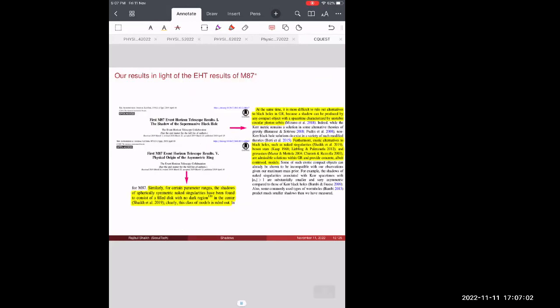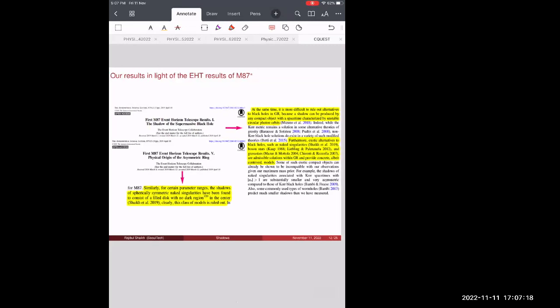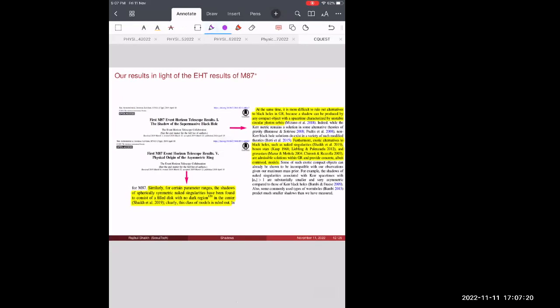So let us now see what the EHT group has to say about our results. In two of the M87 papers, they have cited our works. In the fifth paper, they cited our work and said that a naked singularity which does not have any photon sphere casts a full moon image with no dark region, so these kinds of models are ruled out.